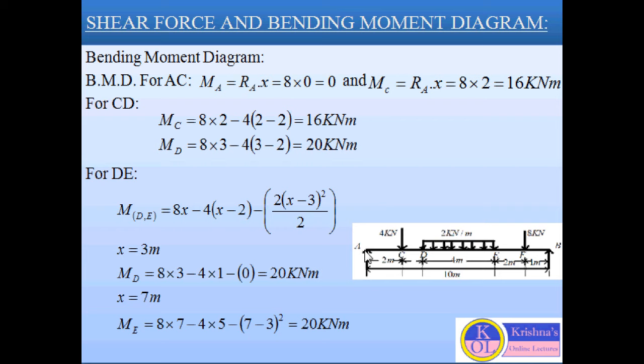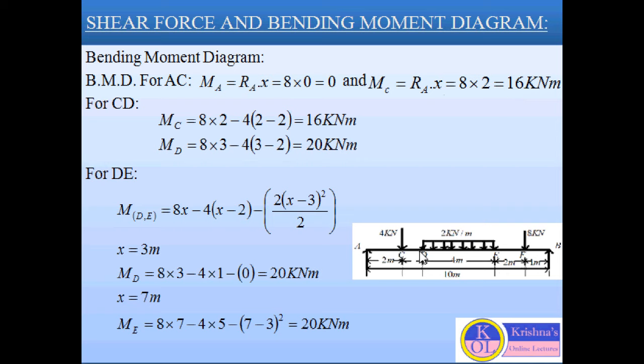At point C, the bending moment will be RA into X, but the value of X here is 2 meters, so the value of bending moment at point C will be 16 kilonewton meter.